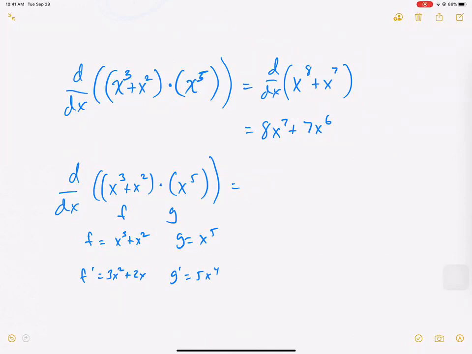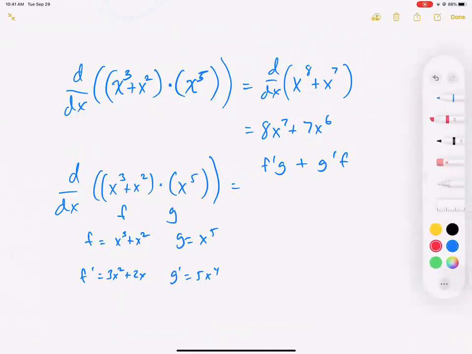So the derivative rule, remember, is f prime g plus g prime f. We take the derivative of the front, leave the back alone, plus derivative of the back, leave the front alone.